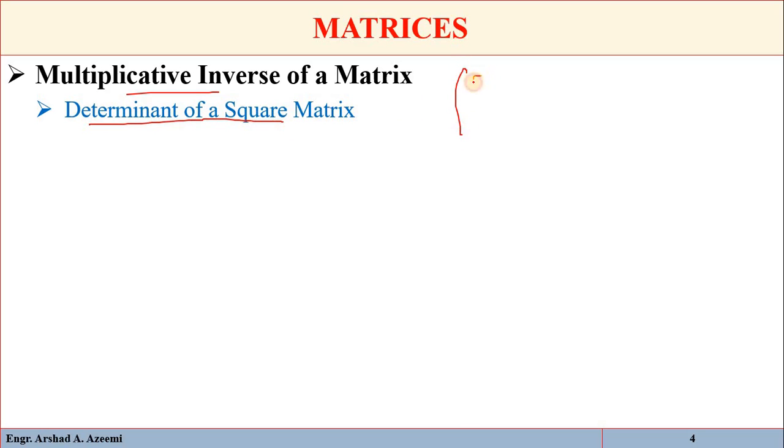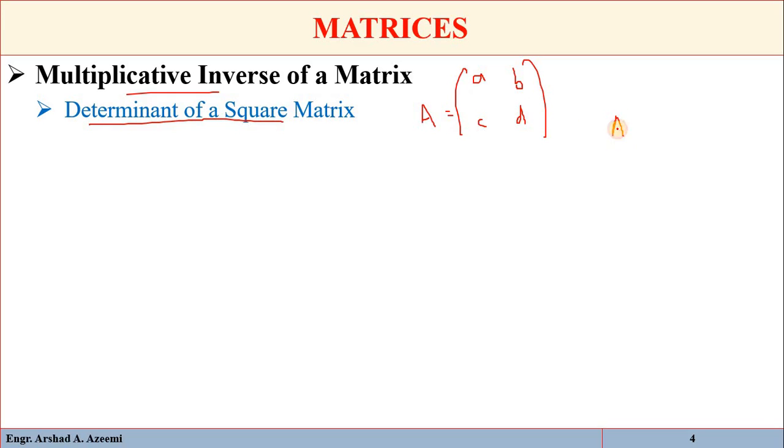For example, if we have a square matrix A with elements a, b, c and d, then with every square matrix a unique real number is associated, which is called the determinant of the matrix.